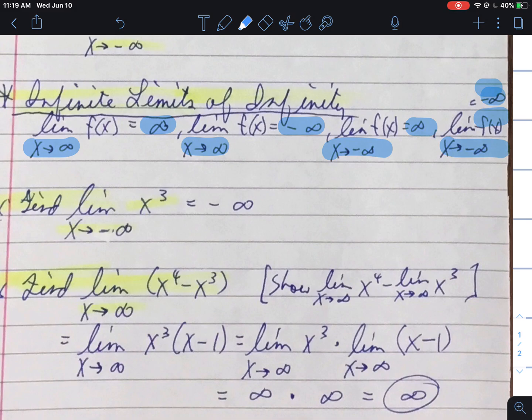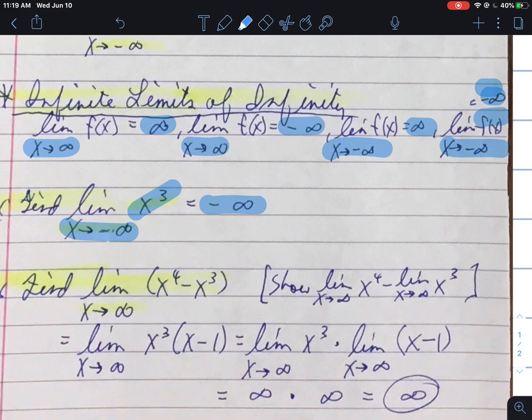So here's again where you have to be careful about the idea of infinity. For example, if I look at the limit as x approaches negative infinity of x cubed, and I'm just doing this by observation, if I just plug in larger and larger negative values for x, and I cube it, then I'm just going to get larger negative values. Right?